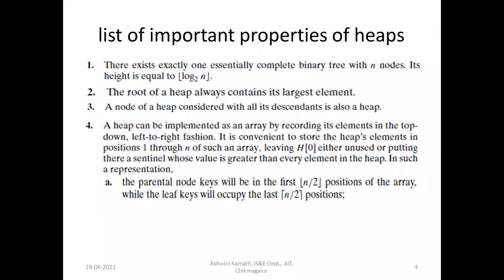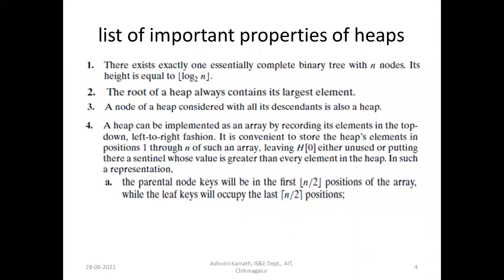We have 10 elements, and 10 divided by 2 is equal to 5, with no fractional part. So parents are stored in positions 1 to 5, and leaf nodes in 6 to 10. That is the property.